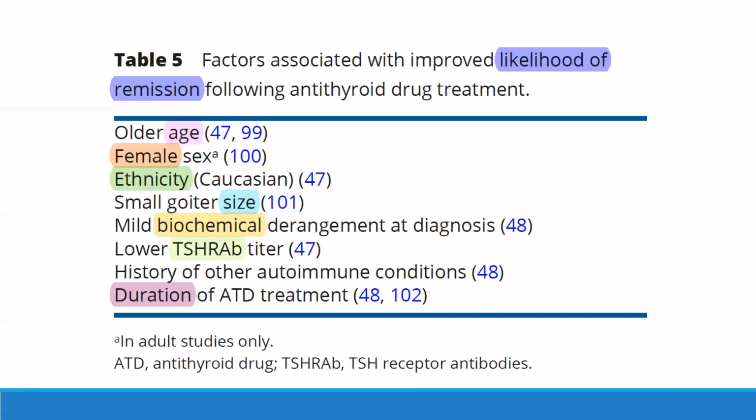And this table is clinically very important because these are factors associated with improved likelihood of remission following the antithyroid drug. Who will remit more than others?